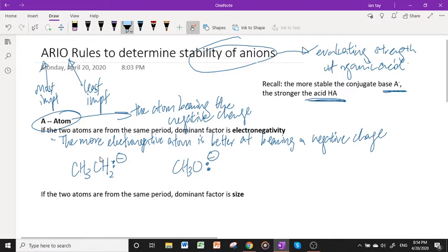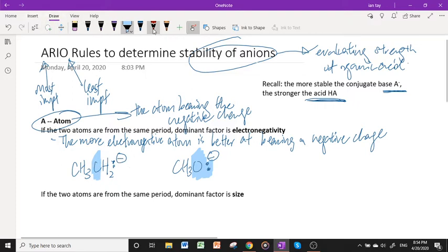For this it is the carbon atom, and for this it is the oxygen atom. Oxygen and carbon are from the same period, but the oxygen atom is far more electronegative than the carbon atom, and thus the negative charge is better held on the oxygen atom in the methoxide ion than on the carbon atom in this anion over here.